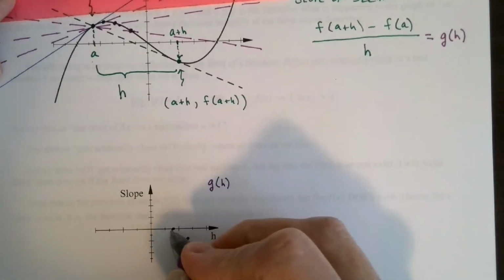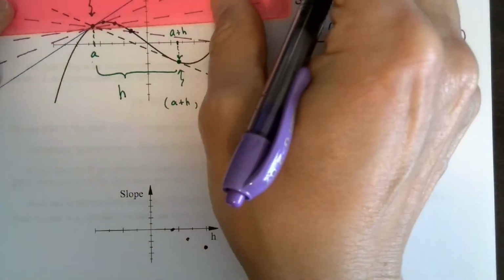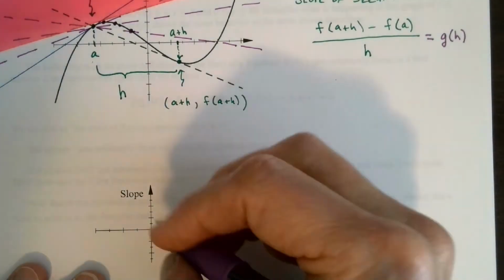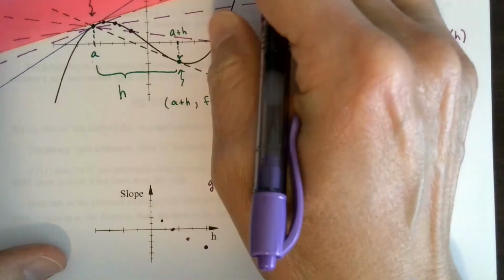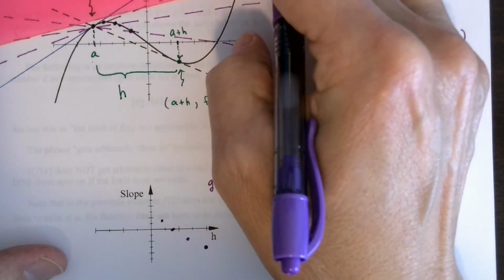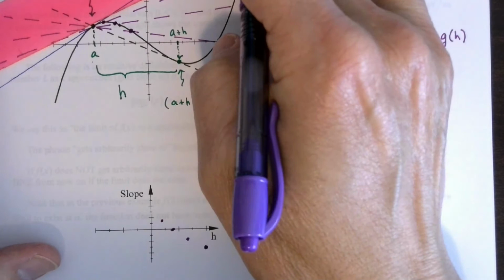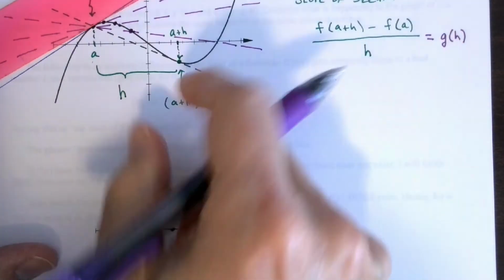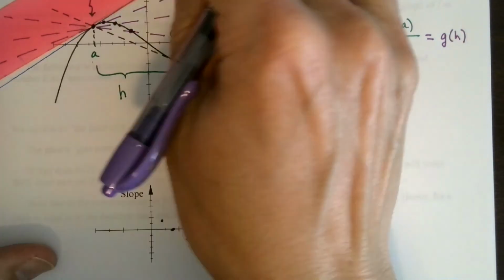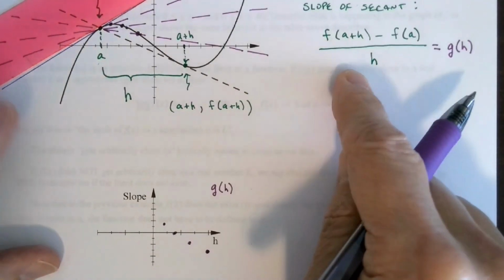Slope of 0. And as we continue to move closer and closer to 0, what's going to happen? The slope becomes positive for these lines. And then we're getting closer and closer. Right at 0, when h goes to 0, we're right at a. What's this expression going to be? It's going to be undefined.